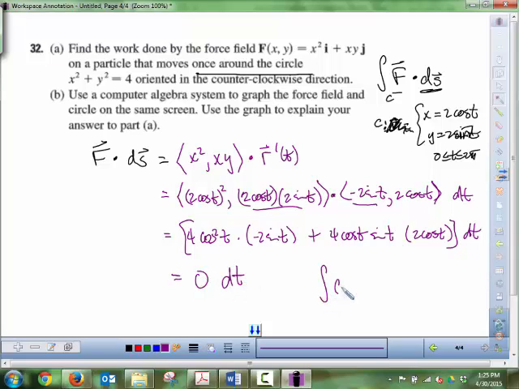So what's the integral of 0 dt from 0 to 2 pi? That's 0. Yeah, so this work is 0.